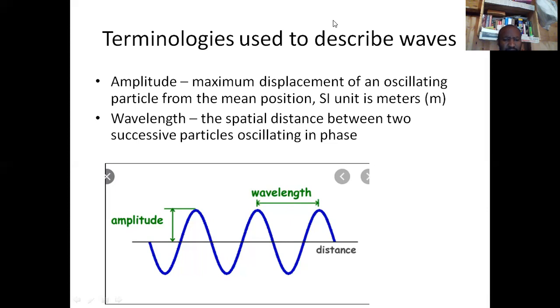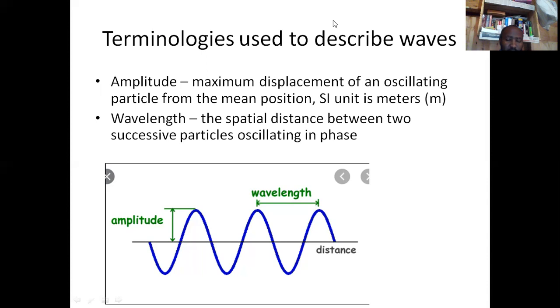So, there is a diagram down there showing you what an amplitude is. Basically, it is that distance from the mean position, the zero position, to the maximum point the particles that are oscillating can reach.